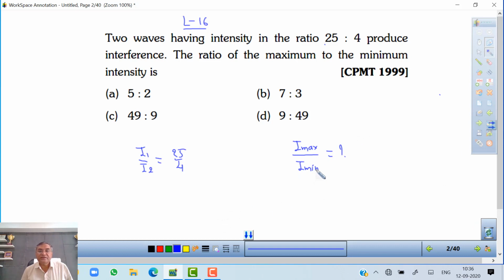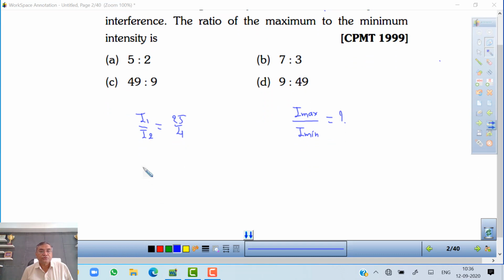Okay, so I max where will it come from? Where constructive interference is taking place. So from that we find out what is A1 upon A2. So that comes out to be root I1 upon root I2. Because intensity is proportional to amplitude square, that we know. Okay, so we get root of that is 5 and root of that is 2.